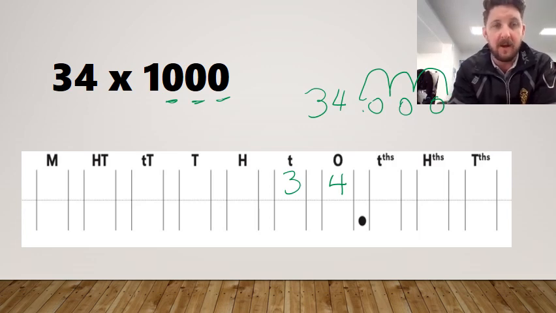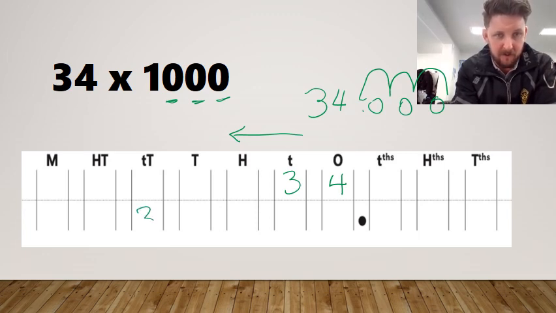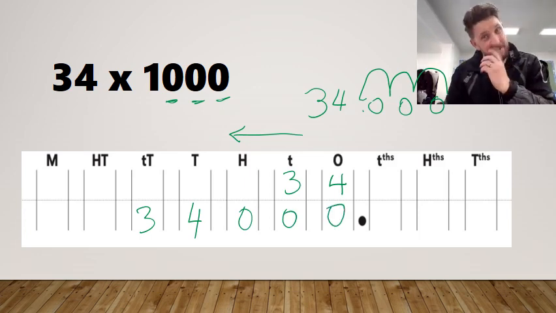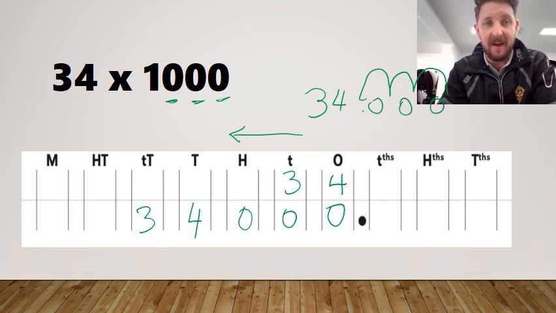Or I can use my number line and say, right, there's 3 zeros, I'm multiplying, so the number's going to get bigger. That means my number has to move to the left, so I will move it 3 places to the left. I'm going to go 1, 2, 3. I'm going to put in my 3, then my 4, and my 3 zeros.